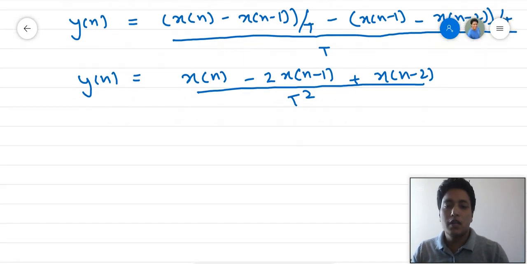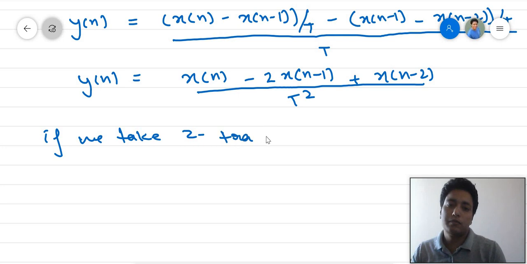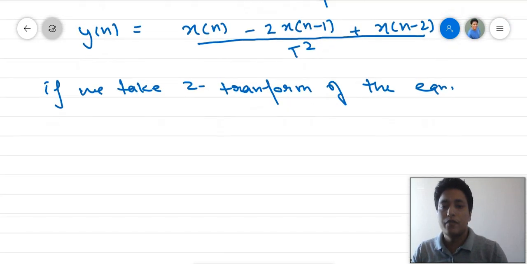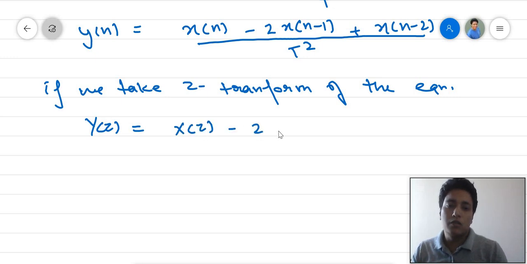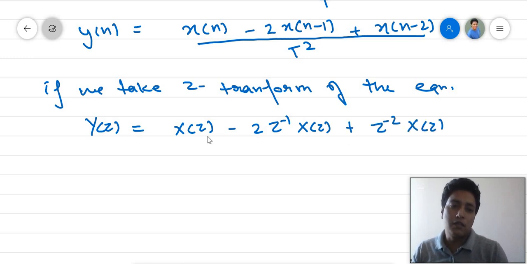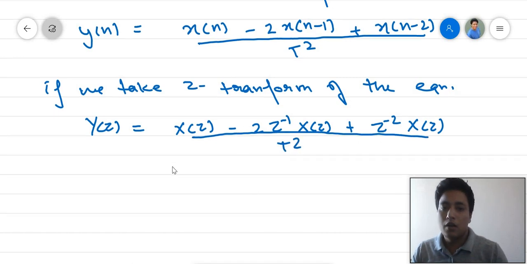If we take the Z transform of this equation, it will give Y(z) equals X(z) minus 2 z inverse X(z) plus z to the power minus 2 X(z), over T square.